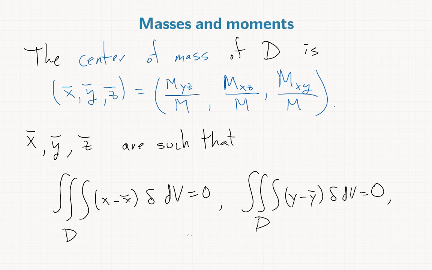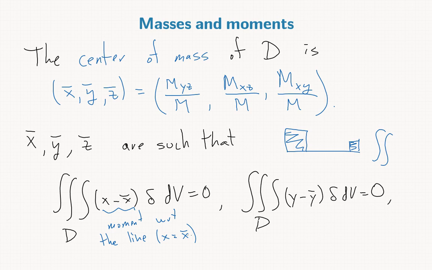The point being, now you're calculating the moment with respect to the line where x is equal to this x bar. And so in the lever setup, as I said, your region would be this entire thing, and so it would be balanced if the integral here is 0.